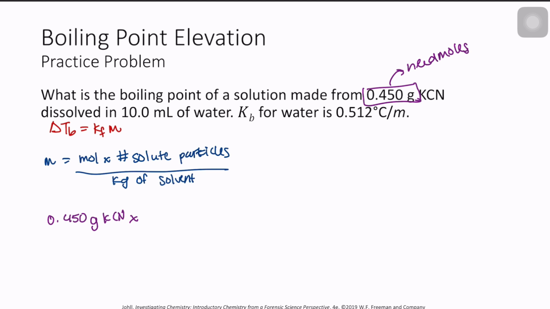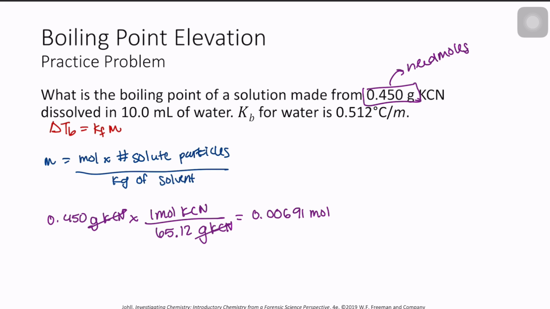And when I do that, I get 1 mole of KCN over 65.12 grams of KCN. Now my grams cancel out and I'm left with moles of KCN. When we plug this into our calculators, we get 0.00691 moles.